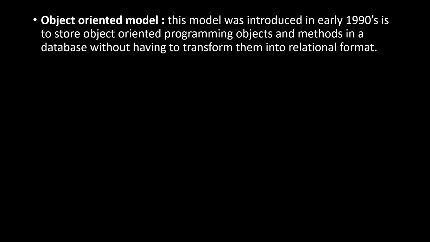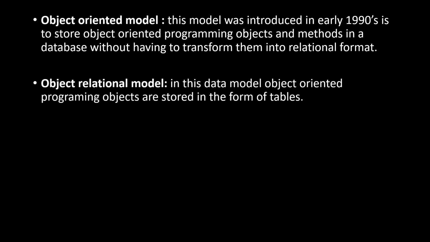And after the relational database model, we also have the object oriented model. In this model, we store the data in the form of objects and methods. But the object oriented model is not as efficient as the relational database model, so it didn't become popular. Later, the object relational model was also introduced.